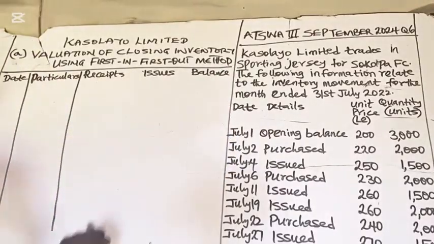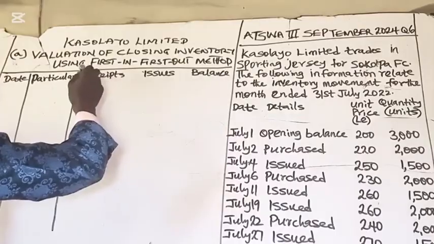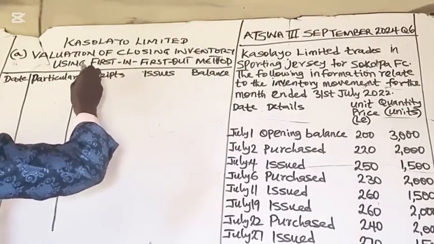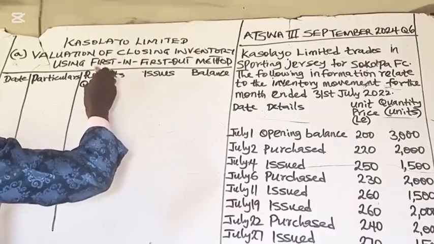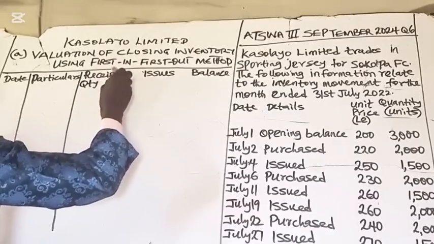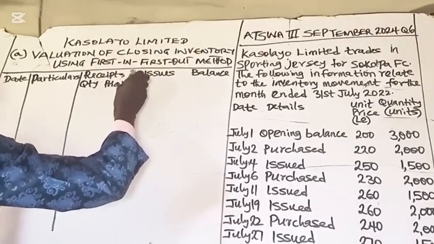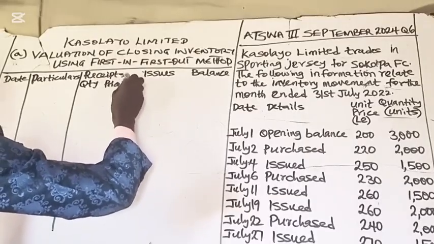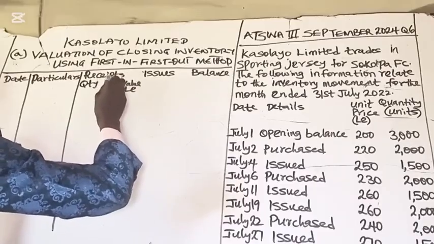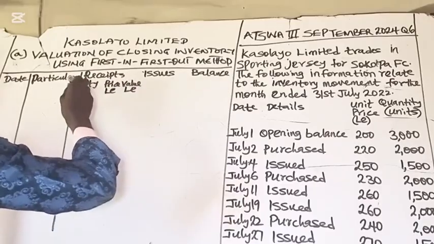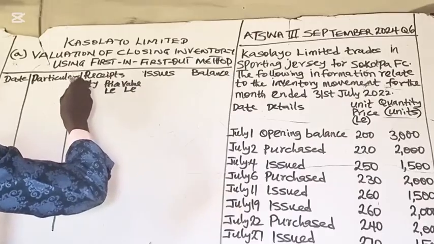And these three columns will be divided into quantity, price, and the value or amount. And the amount is in lyon, and quantity is in units.